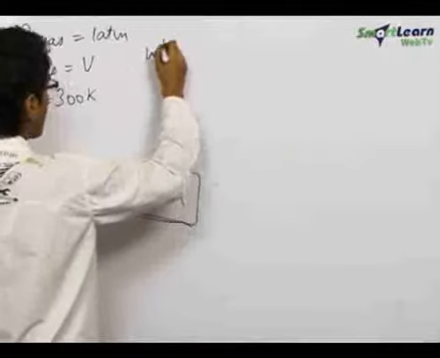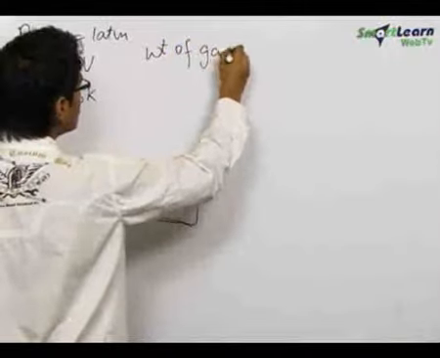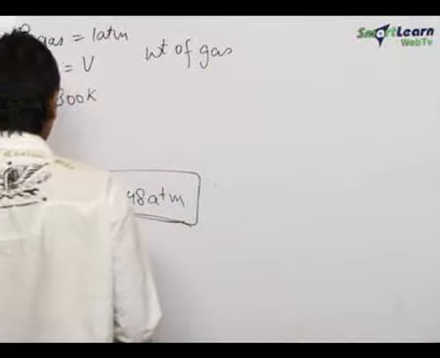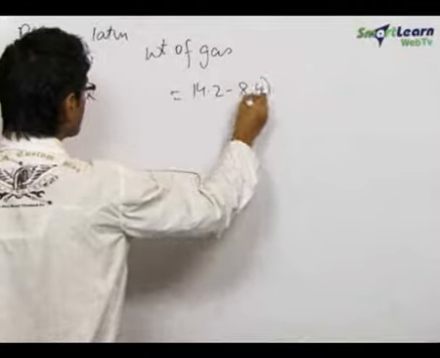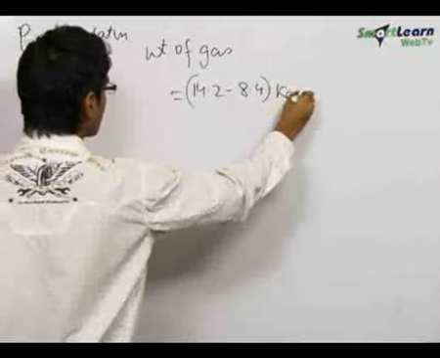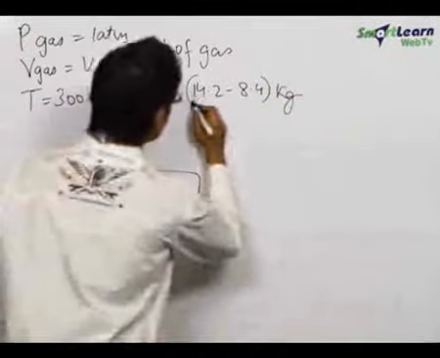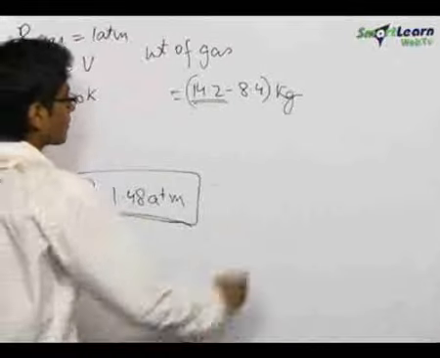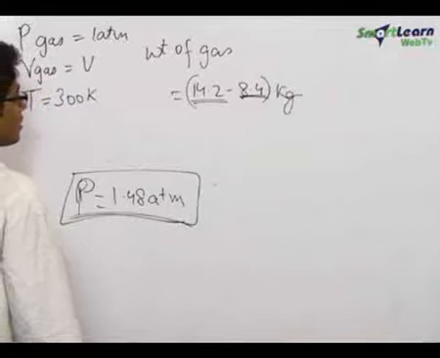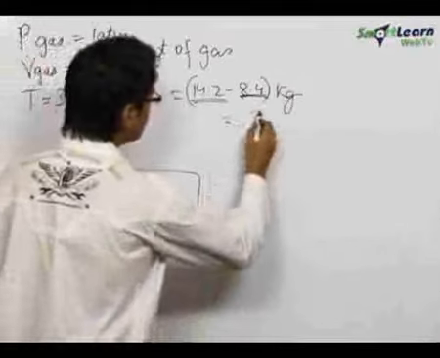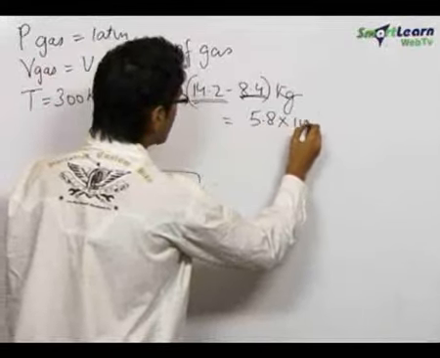Now the weight of gas which has been used up or which is leaked is equal to 14.2 minus 8.4 kilograms, because 14.2 was the initial weight of the gas inside the cylinder and 8.4 is the final weight of the gas present inside the cylinder. This comes out to be equal to 5.8 kilograms or 5.8 into 10 power 3 grams.